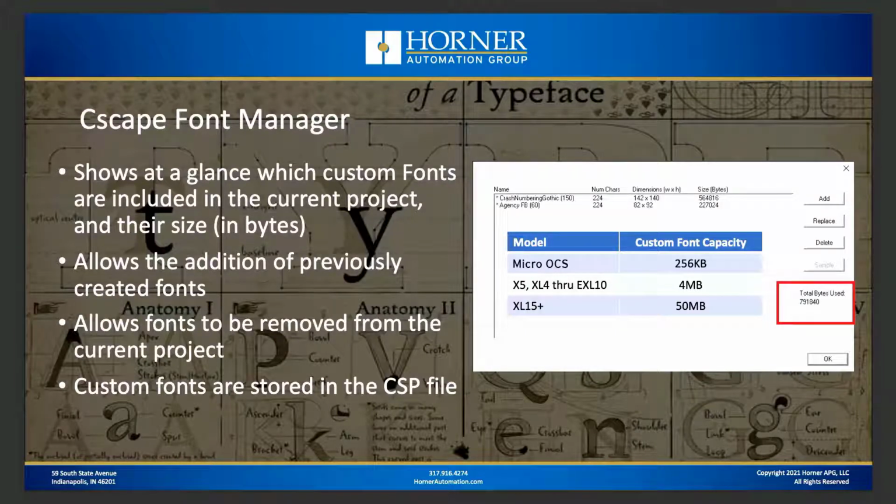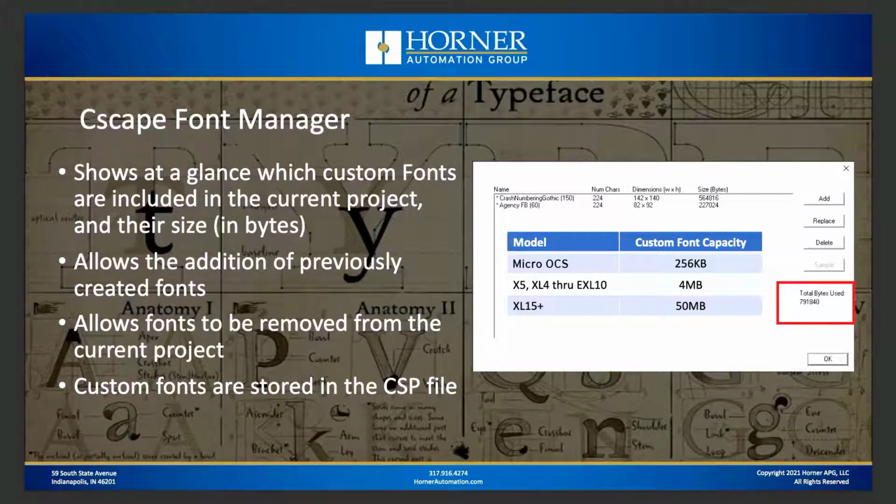Well, there's a limited amount of memory available in OCS models for custom fonts. In that chart I've shown over there on top of the screen capture, you can see that that varies anywhere from 256 kilobytes. In the case of the micro OCS, it can support up to 256 kilobytes. In the case of the X5, the XL4, on the way up through to the EXL10, they can support up to 4 megabytes.